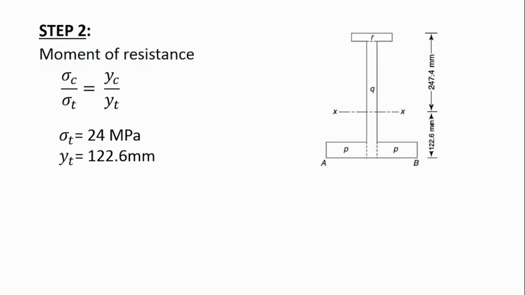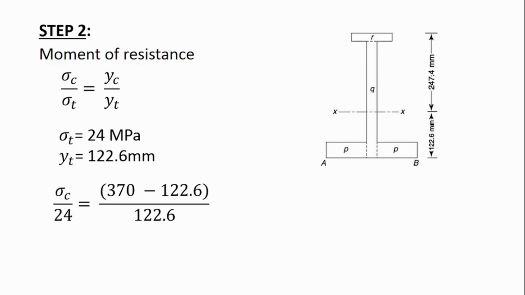So if you put that in the equation, sigma C over 24 is equal to YC, which is 370 minus 122.6, over YT, which is 122.6.